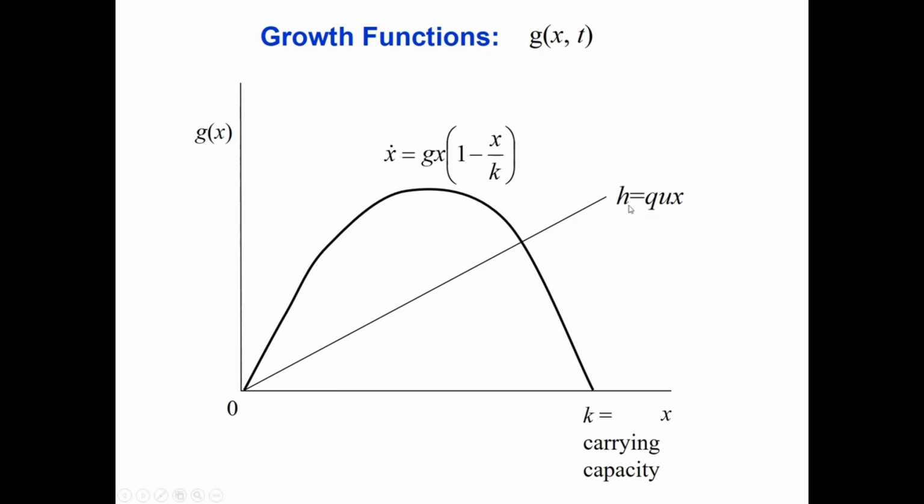The harvest is a function of the effort u, the state variable x, how much stock there is on the ground or in the ocean, and q is a catchability coefficient. K is the carrying capacity of the environment.